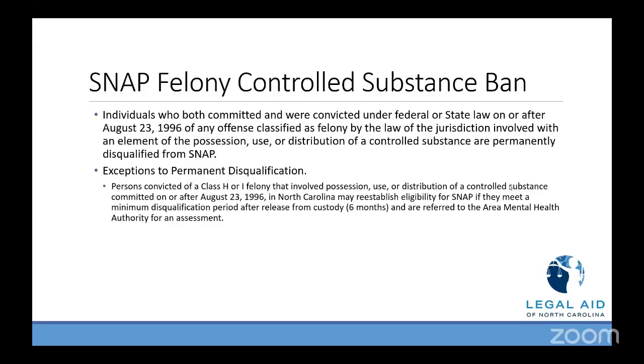There is, though, an exception for people who were convicted of certain Class H or Class I felonies in North Carolina. Those people may reestablish eligibility for SNAP 6 months after they're released from custody, if they comply with an area mental health authority for an assessment.